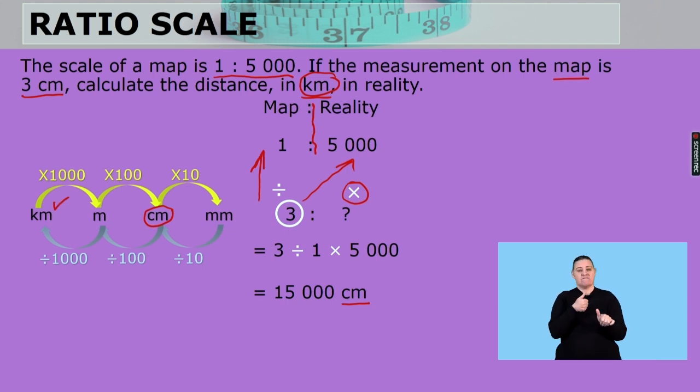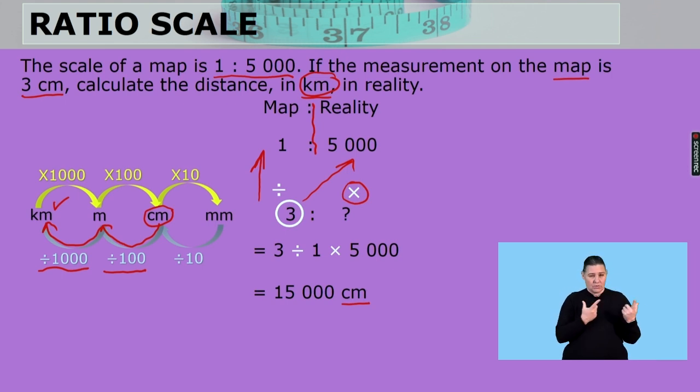So I've got to follow the arrows. And the arrows tell me I've got to jump from centimeters to meters, and I've got to divide by 100. Then I'm not yet done, because now I'm at meters. I've got to go from meters to kilometers and divide that by a further 1,000.